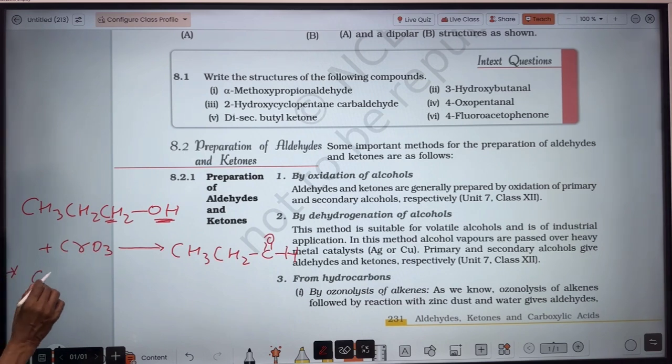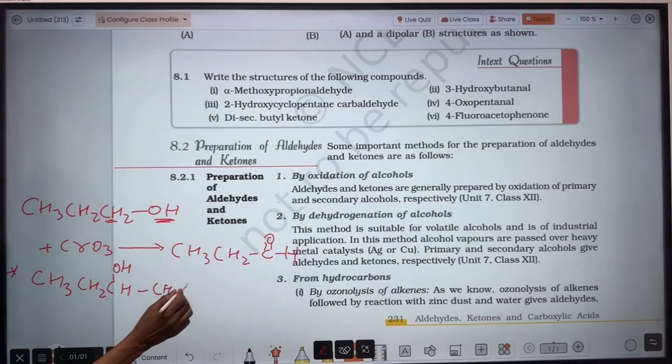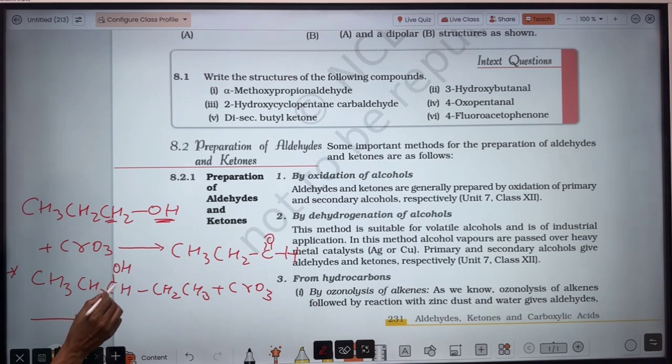When you take 2-degree alcohol, then what happens? Here OH is bonded to this carbon, so this carbon will convert into a carbonyl carbon.